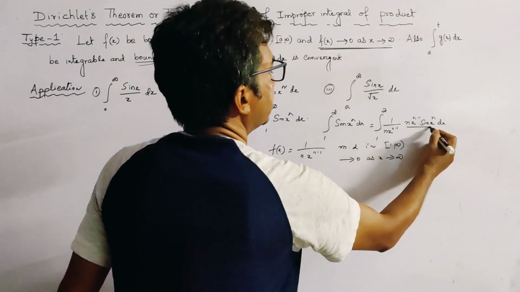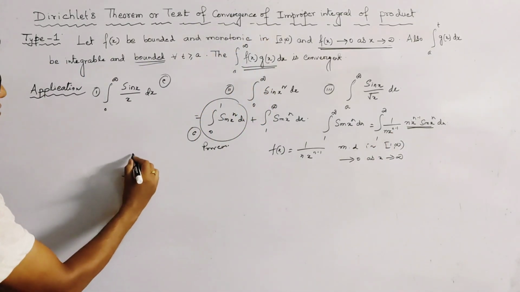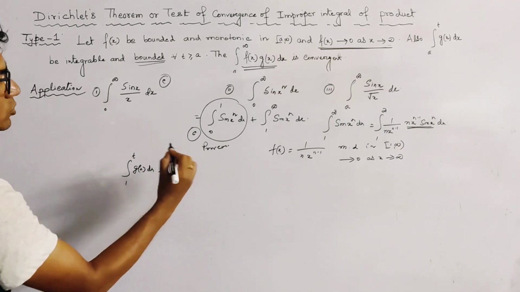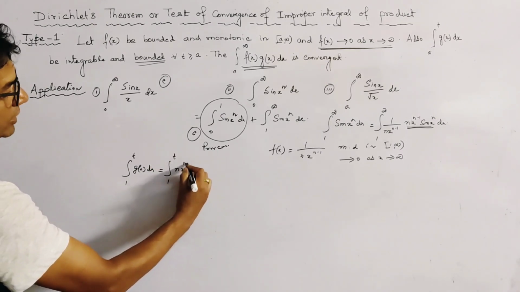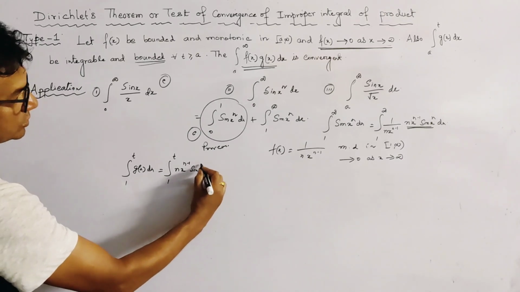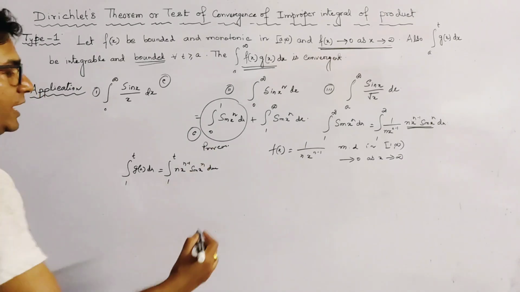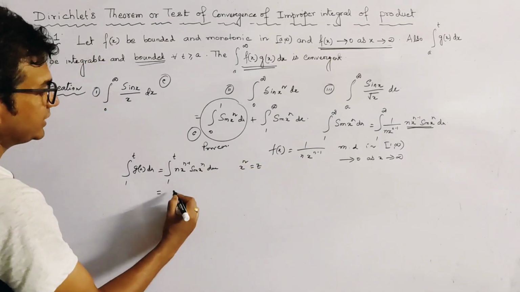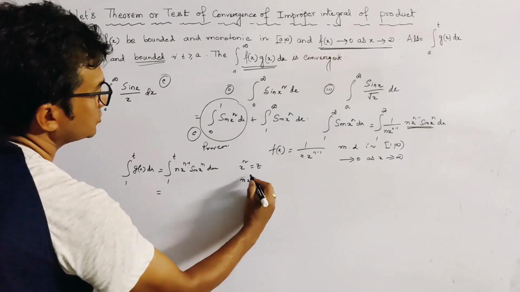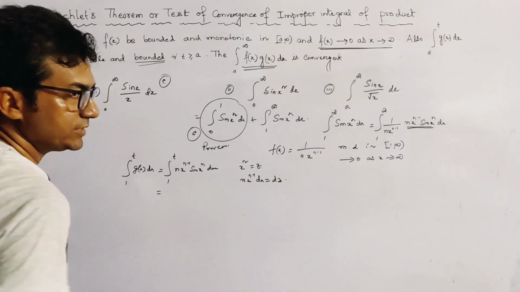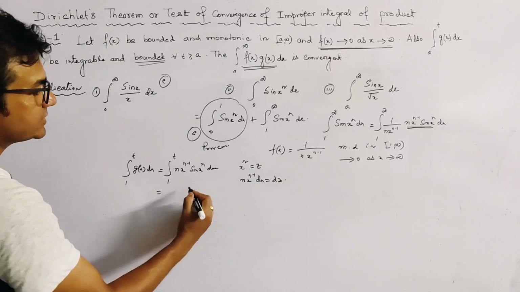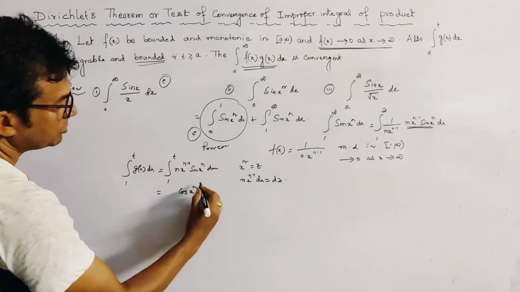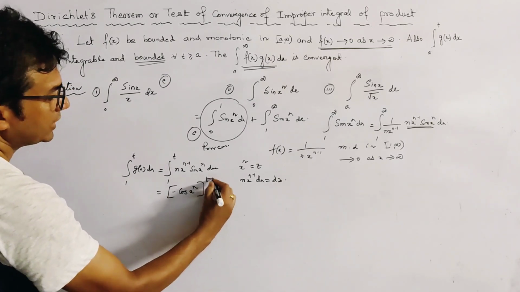Now for the second condition, that is integration 1 to t g(x) dx, and this is equal to 1 to t n x to the power n minus 1 into sin x to the power n dx, and if we put x to the power n equal to z, then we get n x to the power n minus 1 dx equal to dz, so we get the integration is sin z dz, that is cos x to the power n, this is the integration.